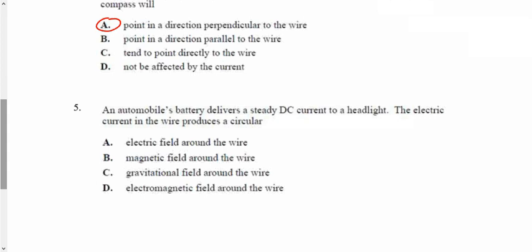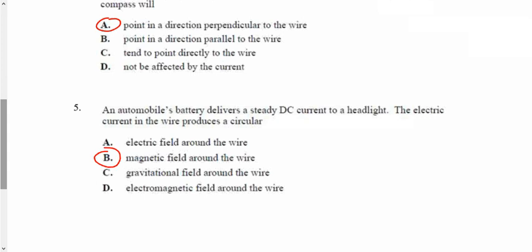Electric charges, moving or not, produce a gravitational field. Is it circular? No. Does it produce a magnetic field? If the charge is at rest, no. If the charge is moving, yes. It produces a magnetic field. What's the shape of that magnetic field? Circular. That's going to be our answer, right? Circular magnetic field around the wire.